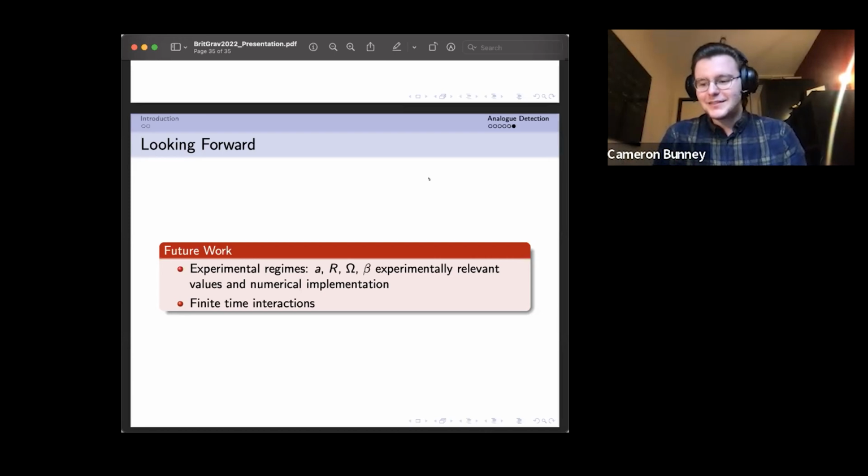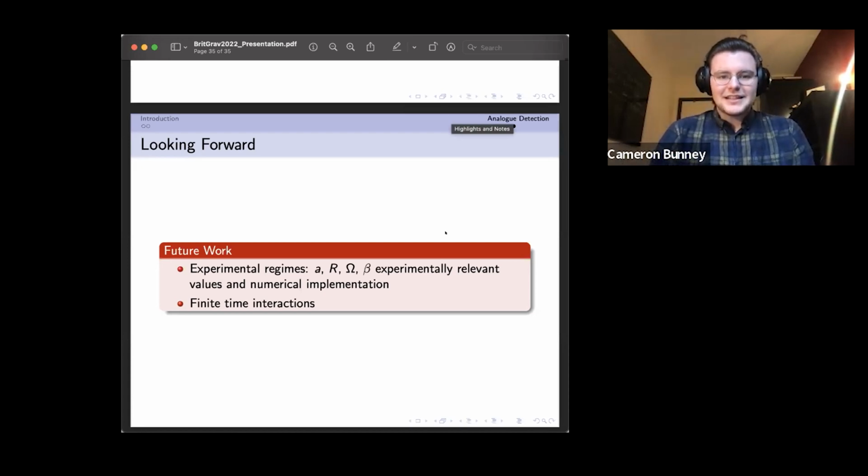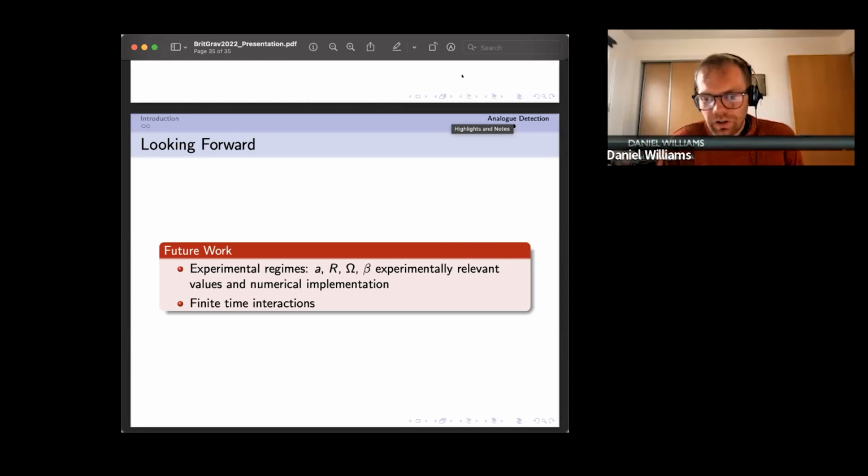I think they're hoping to be up and running, I don't know the exact time scale, but very soon, as far as I'm aware. And for BECs, I believe they're currently working, but I'm unsure with regards to this work how close the experiments currently are to this.